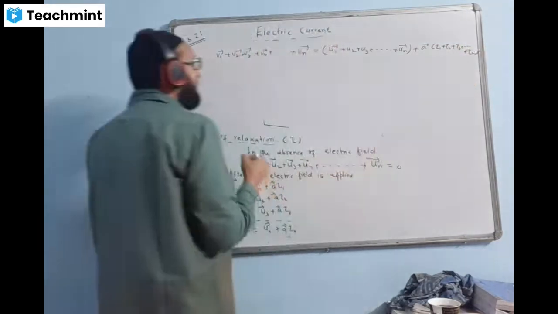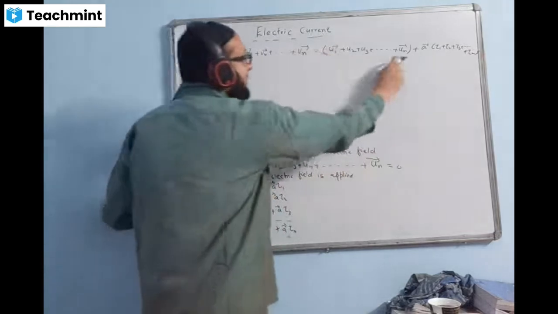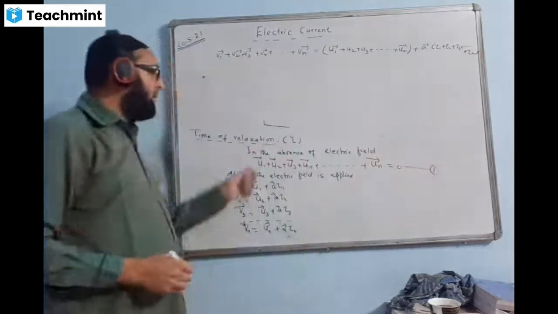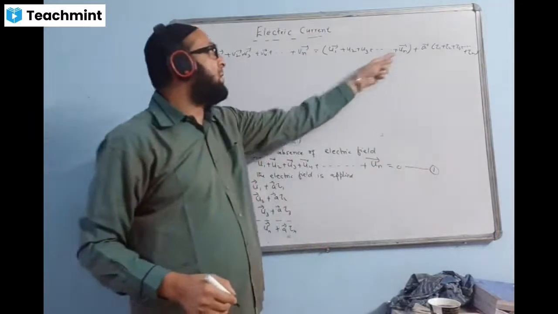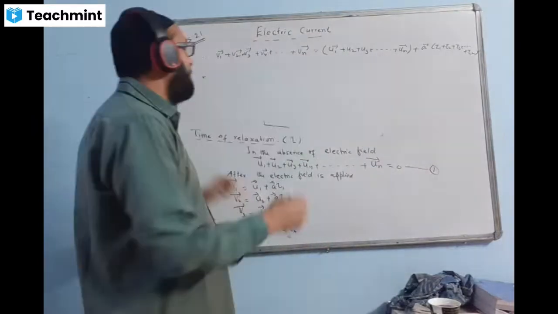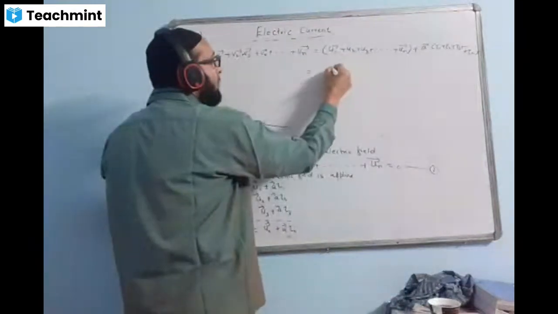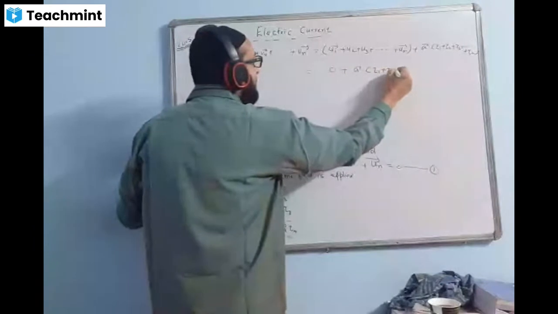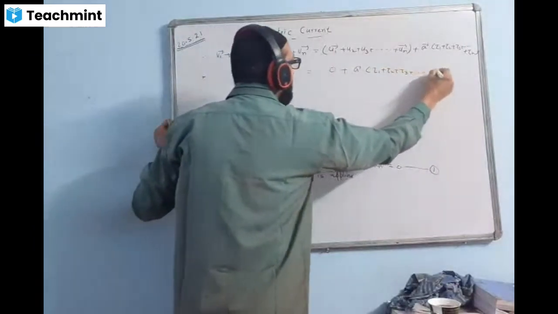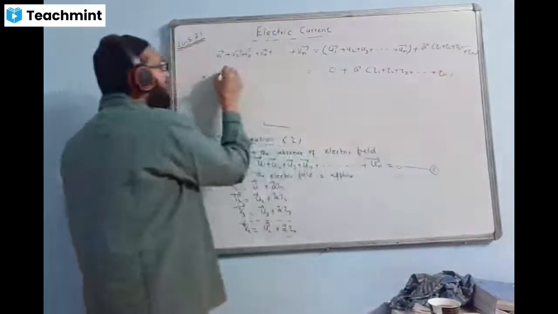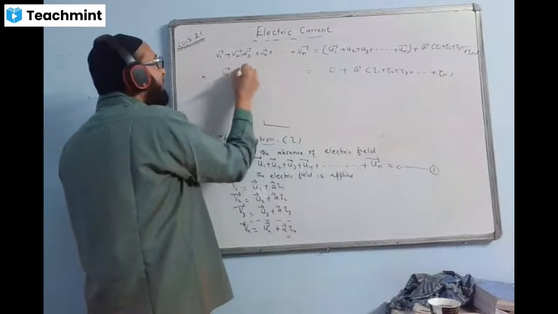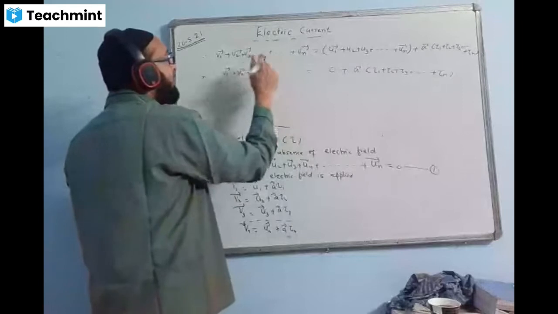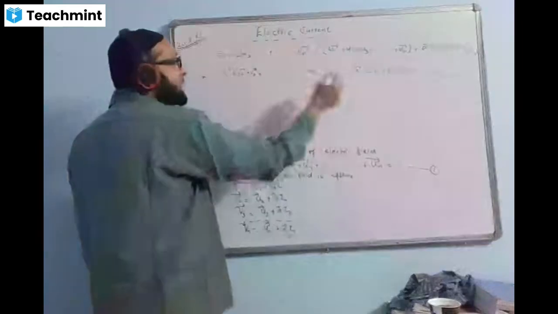This becomes zero because from equation number one, the initial velocities of all the electrons sum to zero. This part is entirely zero. Plus A times T1 plus T2 plus T3 and so on plus Tn. This side we have V1 plus V2 plus V3 and so on plus Vn.